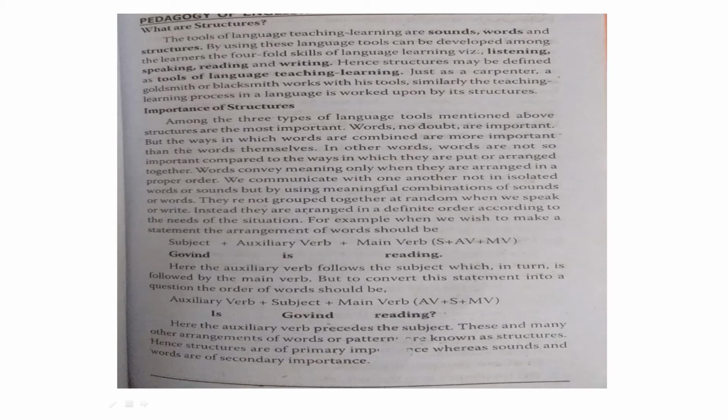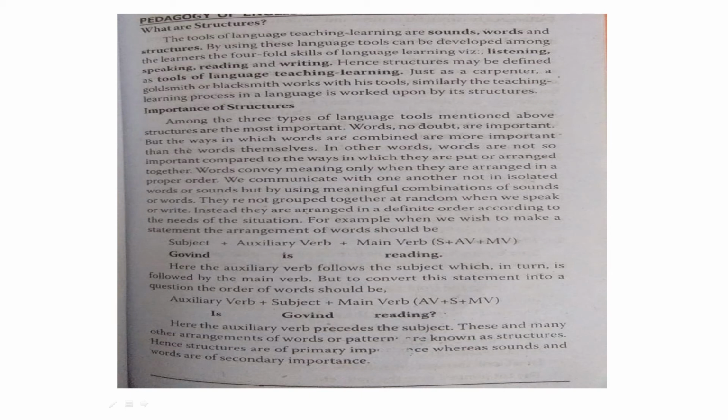For example, when we wish to make a statement, the arrangement of words should be subject plus auxiliary verb plus main verb. Subject is Govind, auxiliary verb is is, main verb is reading. Govind is reading. Here, the auxiliary verb follows the subject, which in turn is followed by main verb. But to convert this statement into a question, the order of words should be auxiliary verb plus subject plus main verb.